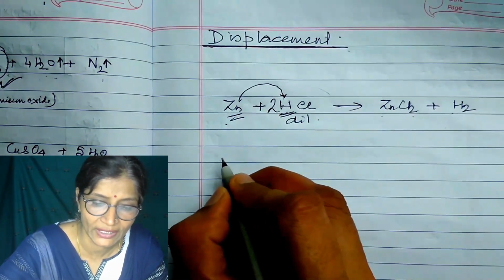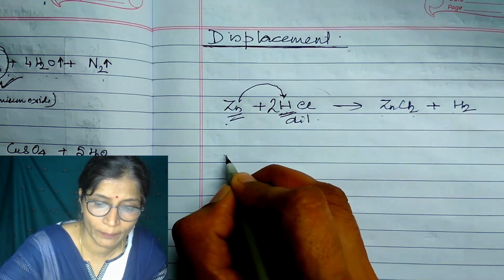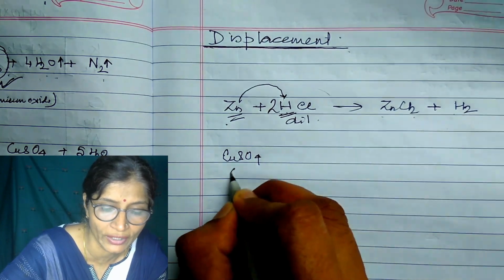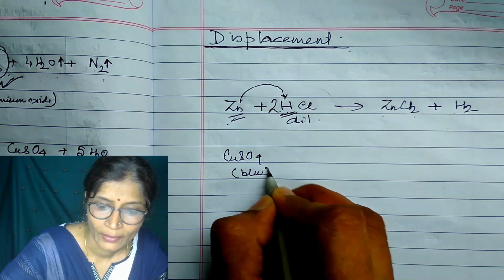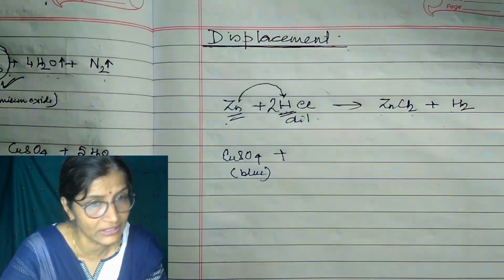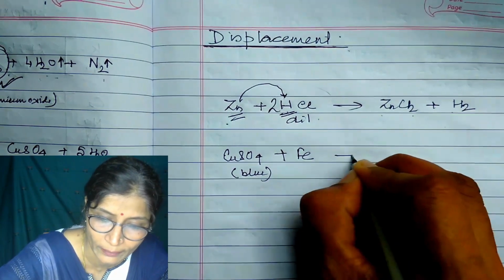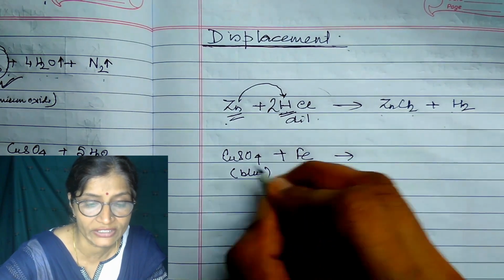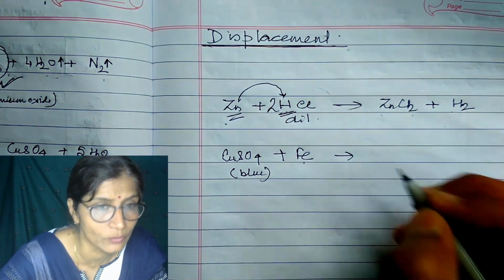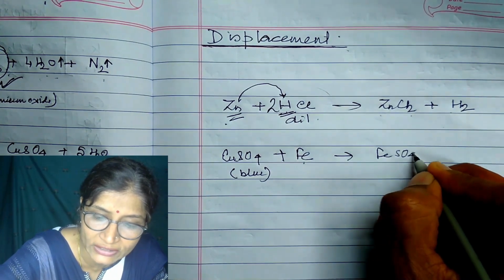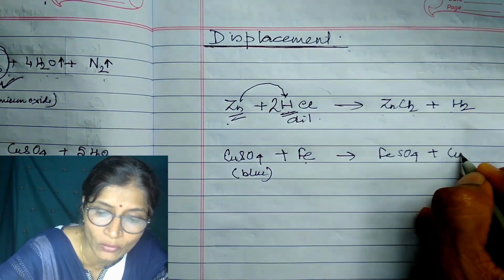Another example is copper sulfate salt. Copper sulfate is blue in color. When this copper sulfate salt solution is treated with iron metal, iron will displace the copper because iron is more reactive than copper, and then forms FeSO4, ferrous sulfate, plus reddish brown copper.